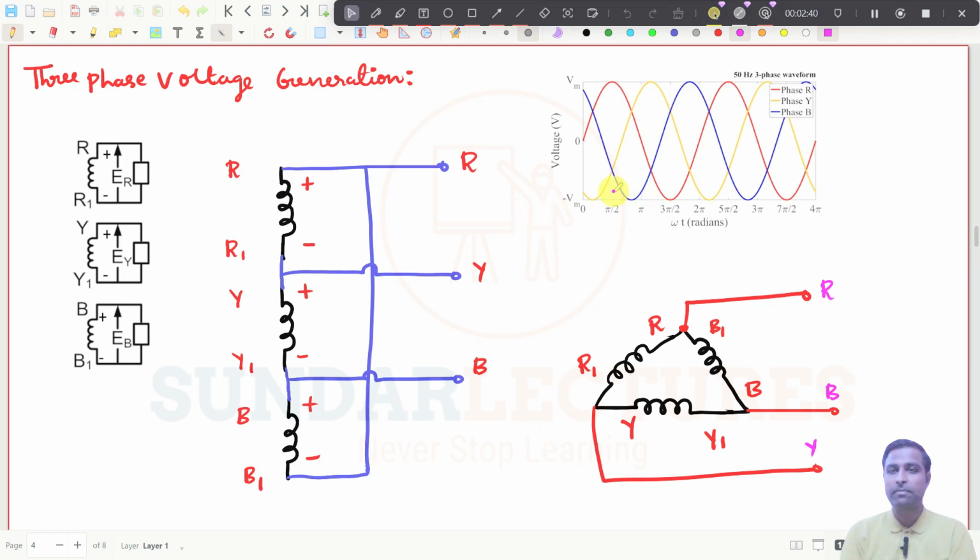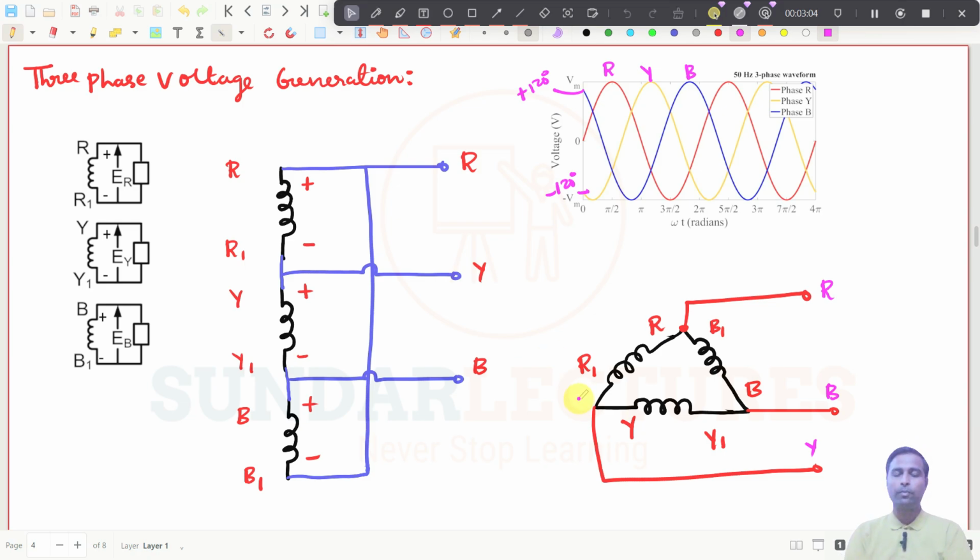And the same thing, you don't have a different phasor diagram. This is R, this is Y, and this will be B. Again, the R will be the reference phasor. If R is reference, then obviously Y will come by minus 120 degree, and B will come by plus 120 degree.